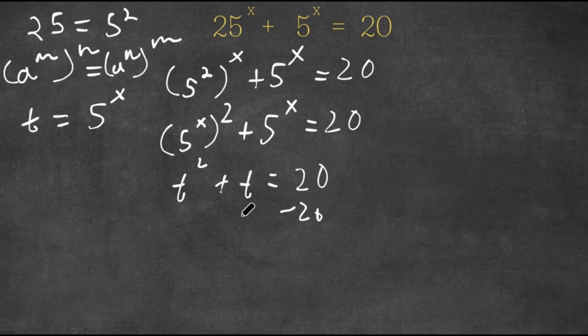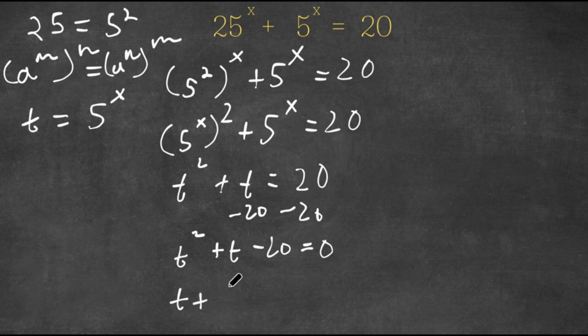Now I'm going to subtract 20 on both sides. So now I get t squared plus t minus 20 is equal to 0. Now this is a simple quadratic equation, and this will be factored into t plus 5 times t minus 4.